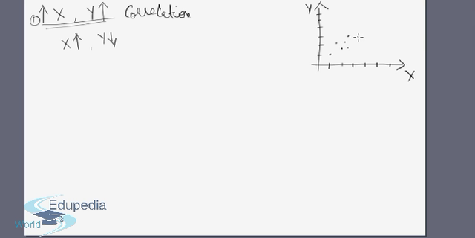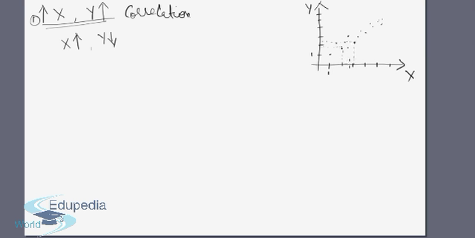Say we get something. Now what we see is that when the value of x was say 1, the value of y is also 1. When it increases to this point, y also increases. The increase may not be equivalent, but then there is some increase.